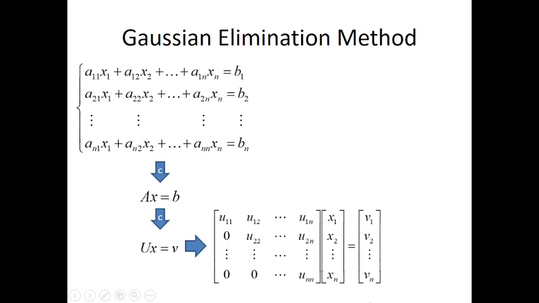When we talk about an upper triangular matrix, this is a matrix wherein all the elements below the major diagonal are all zero. So in here, this is our major diagonal.